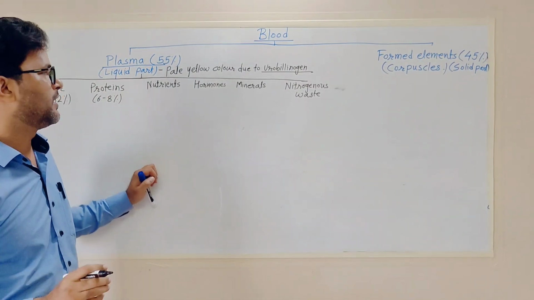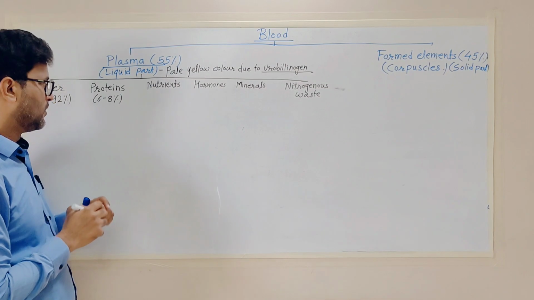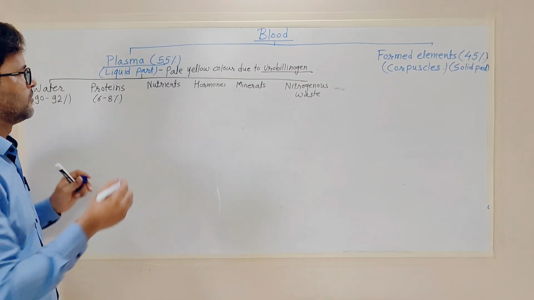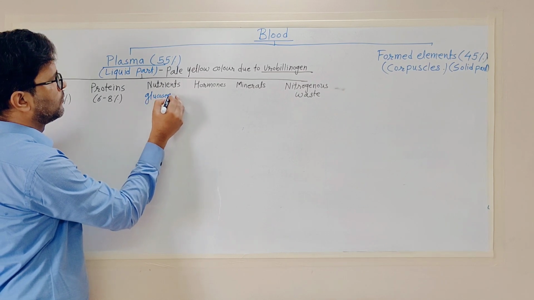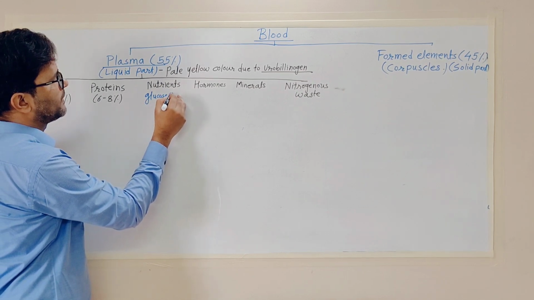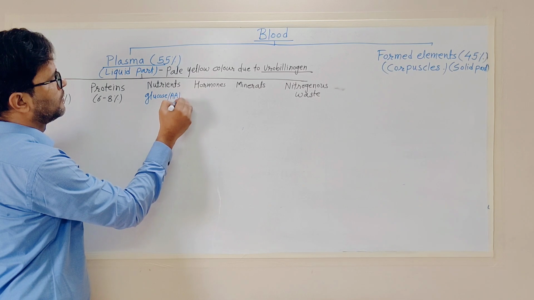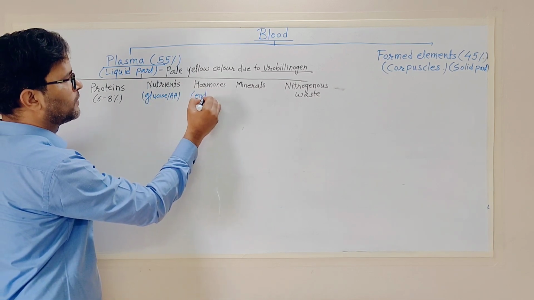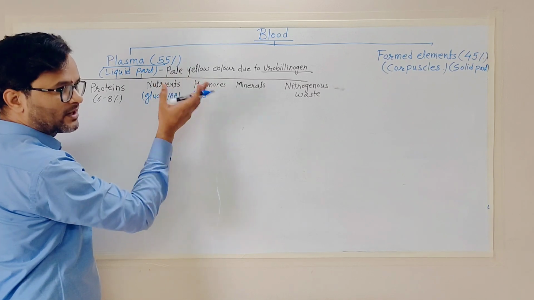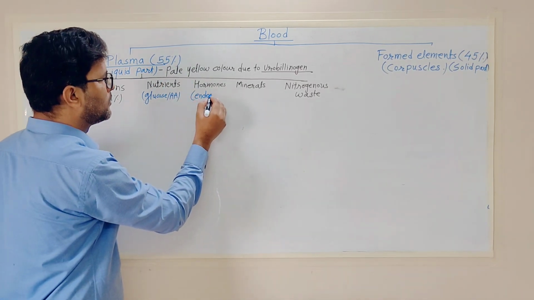Okay, so in case of nutrients, we can say glucose, amino acids are present, hormones, all the endocrine hormones, which are secreted by the endocrine glands.